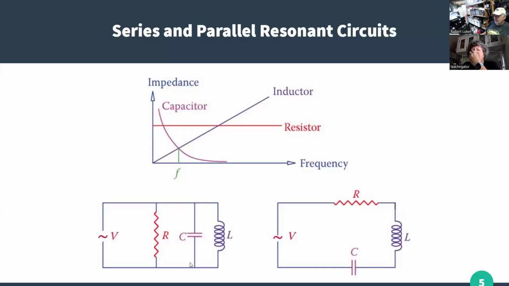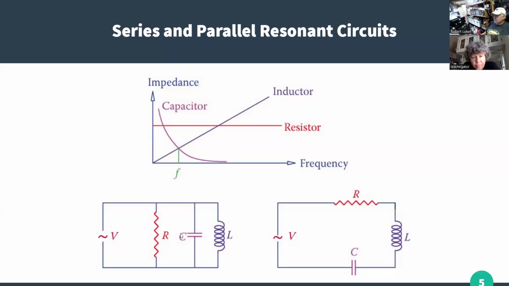This is like the one we saw, a parallel resonant circuit. Over here is a series resonant circuit where the L and C are in series. Now, if you notice, assume at DC, you're going to get no current flow through this capacitor, right?